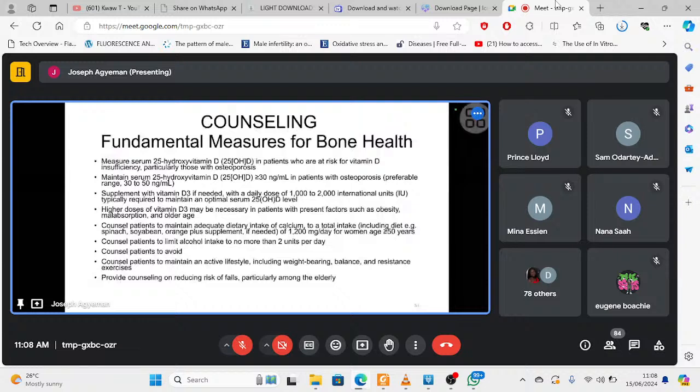So of course, you can measure your vitamin D levels, and that guides you when it comes to diet. Always make sure that you keep it high, normally between 30 to 50 nanogram per mil.